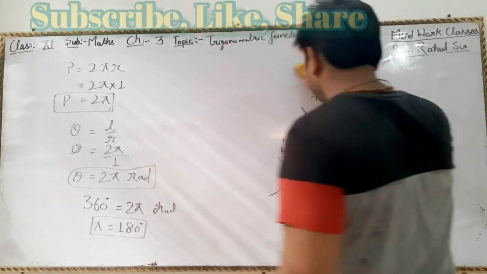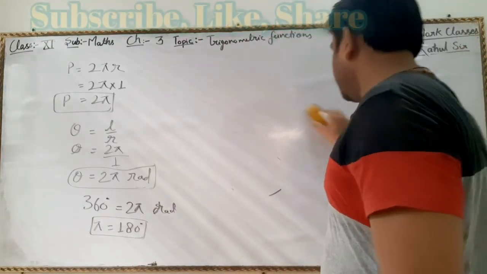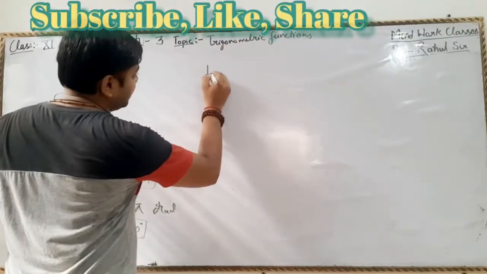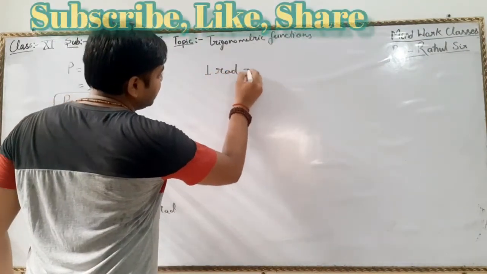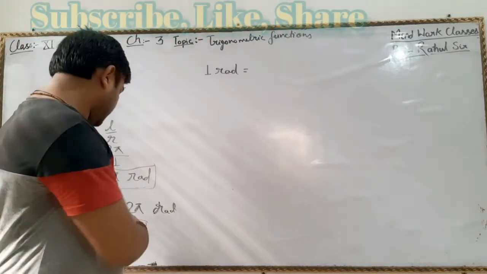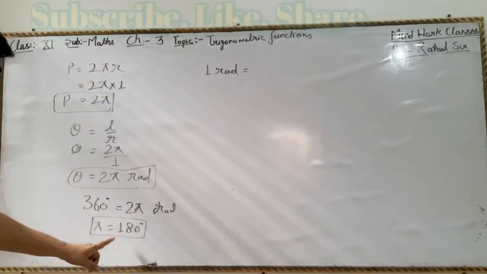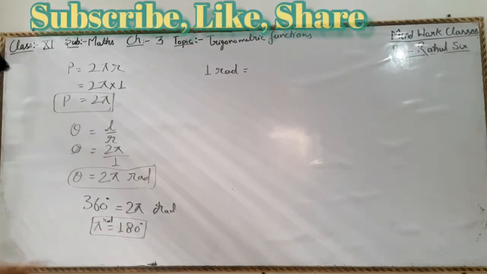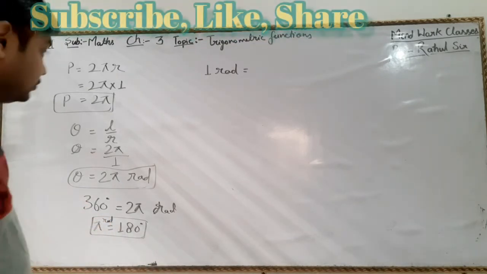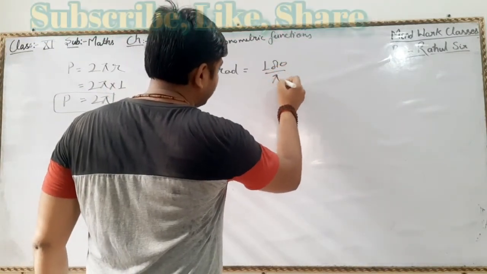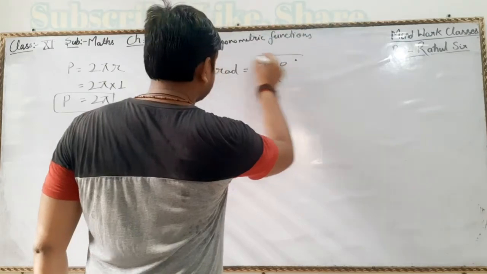Another thing we should also know is that pi radian is 180 degree, so 1 radian will be equal to 180 upon pi degree.